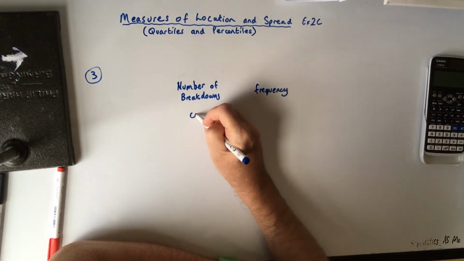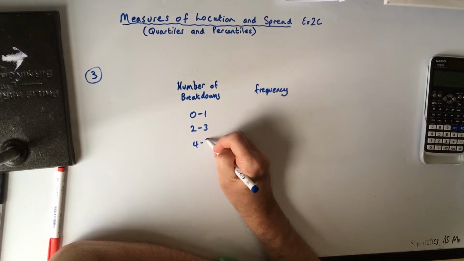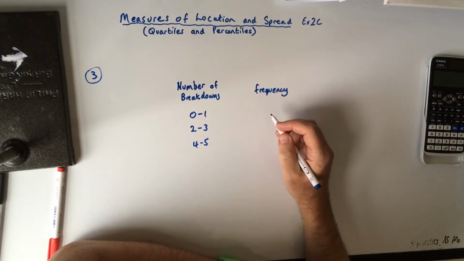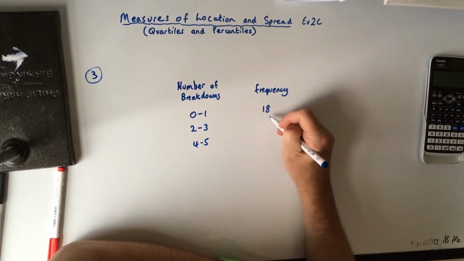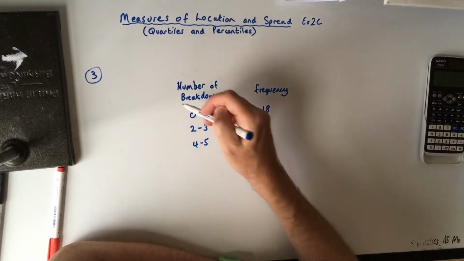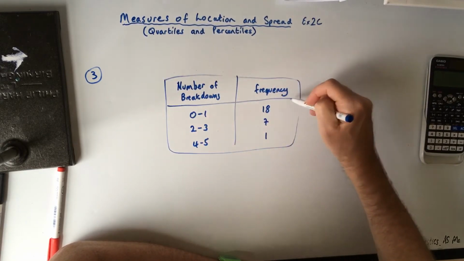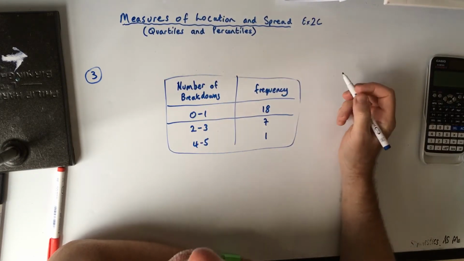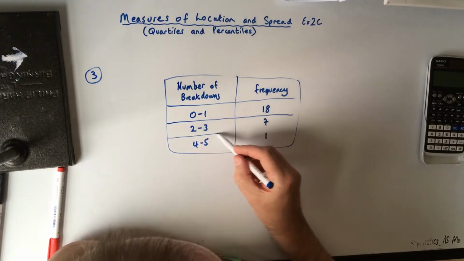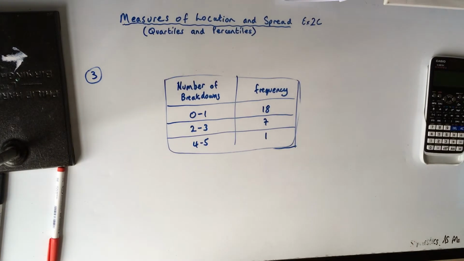And it says the number of breakdowns is 0 to 1, 2 to 3, 4 to 5, and the frequencies are 18, 7 and 1. The question talks about the number of breakdowns in a week that a hotel has for its lift.